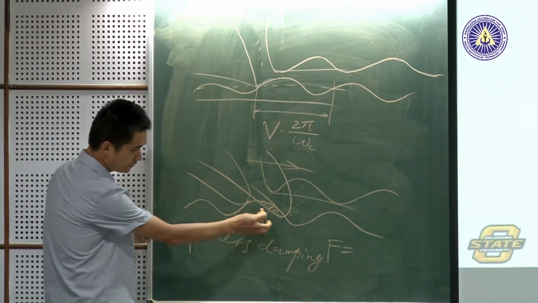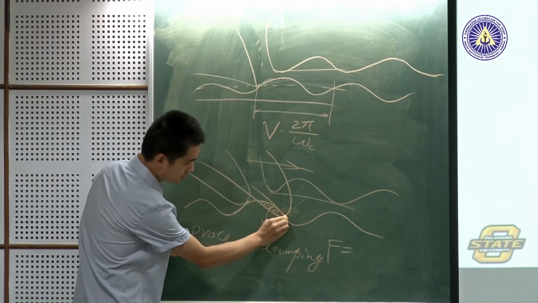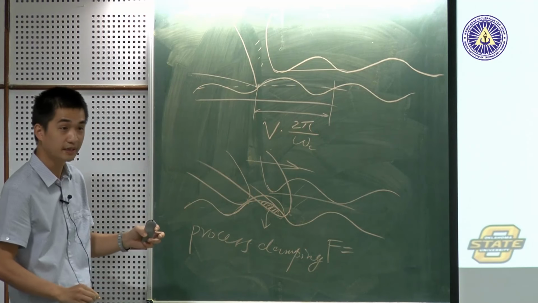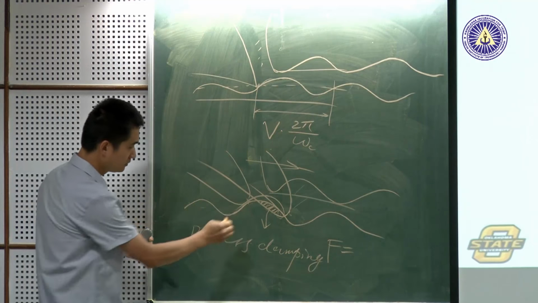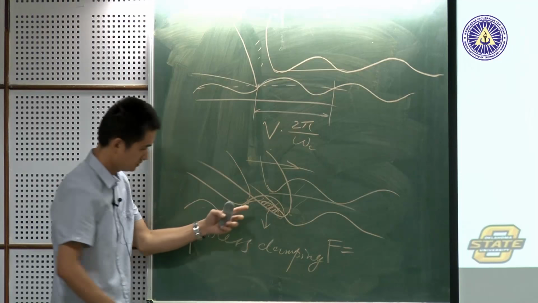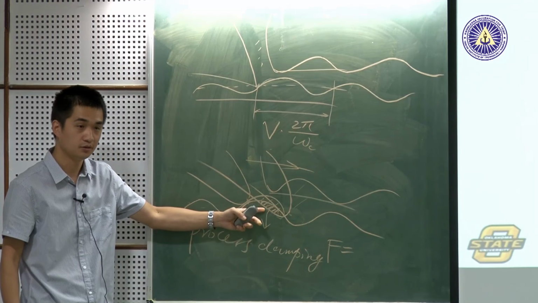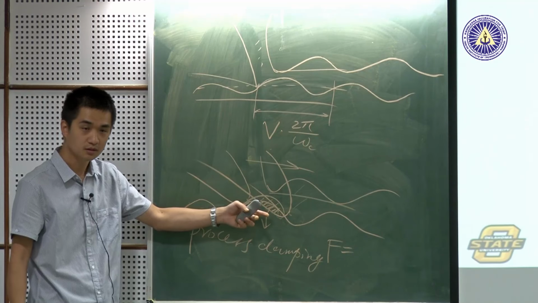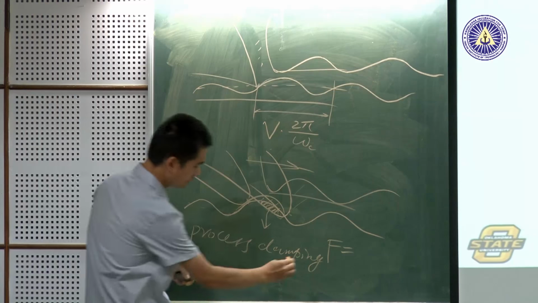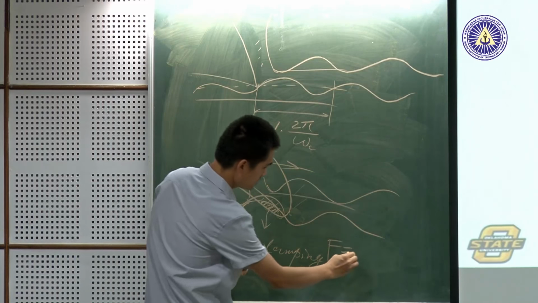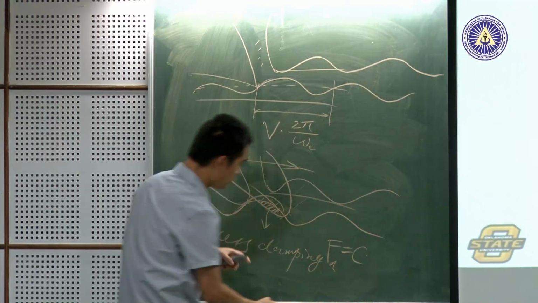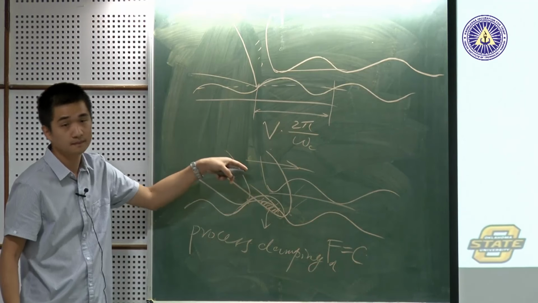So if the slope is higher, the waves have a larger indentation area and a higher damping force. Lower means lower damping force. If I use F_d for the damping force, it's proportional, and we just use a C, to the slope of this.